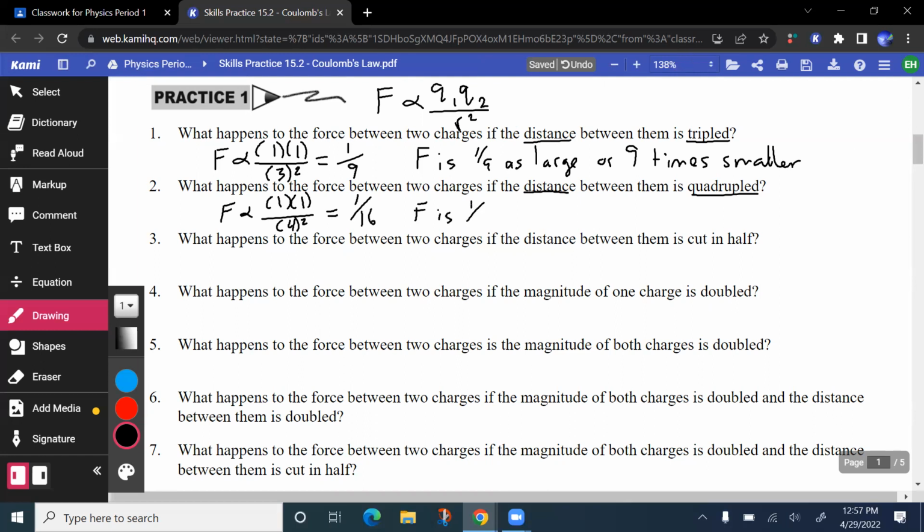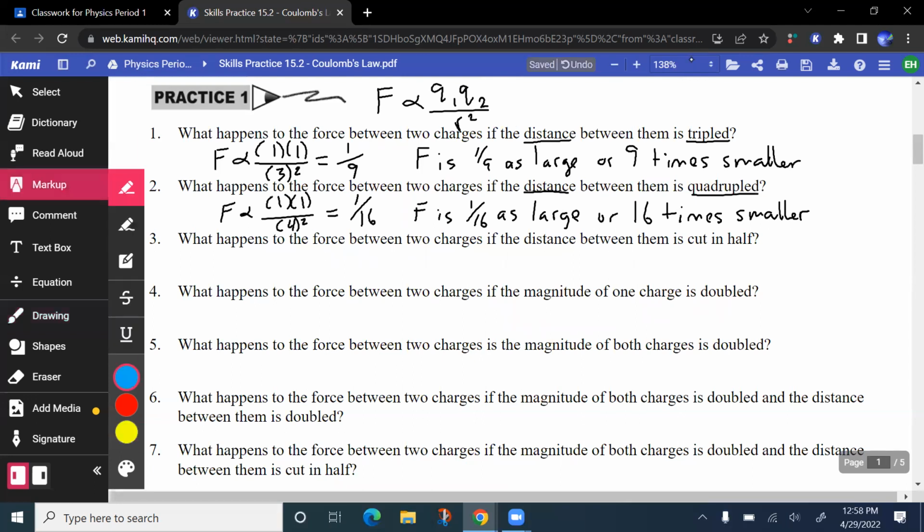The force is 1/16 as large, or you could say that it is 16 times smaller. In other words, the force decreased by 16 times, by a factor of 16. Okay, we'll go ahead and sort of highlight where we are at the moment.